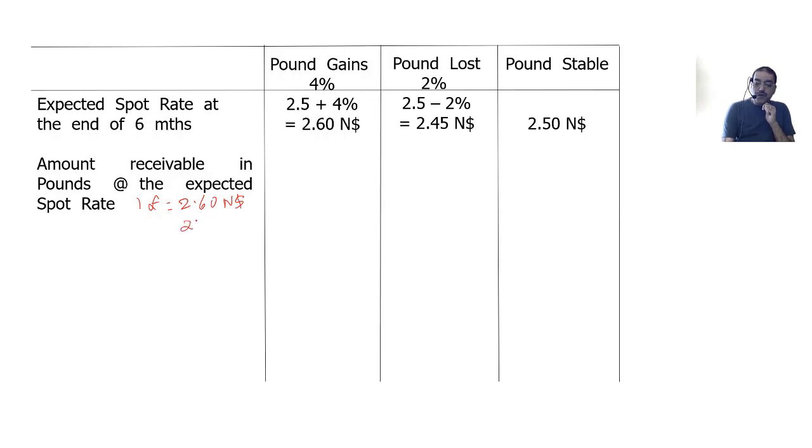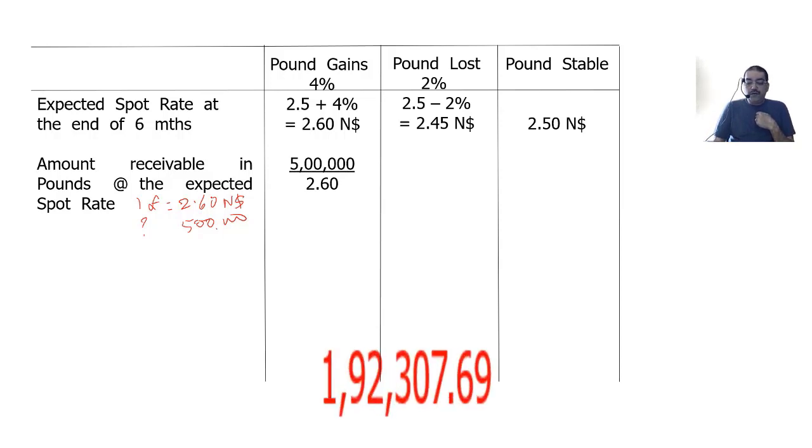Therefore, if I want to convert 5 lakh Northland dollars, how many pounds will I receive? I divide 5 lakhs by 2.6.